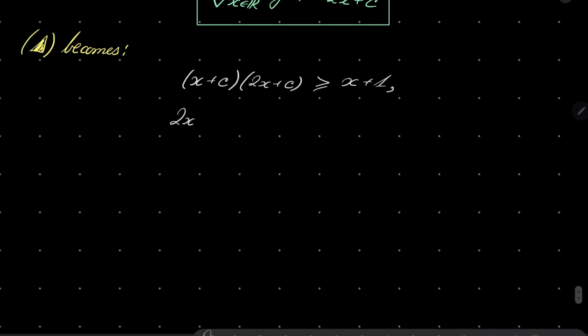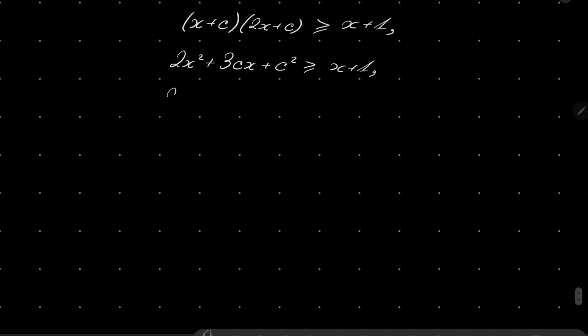So it's 2x² + 3cx + c² ≥ x + 1, or 2x² + (3c - 1)x + c² - 1 should be greater than or equal to 0.